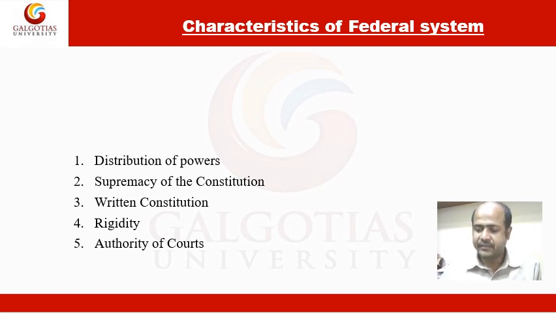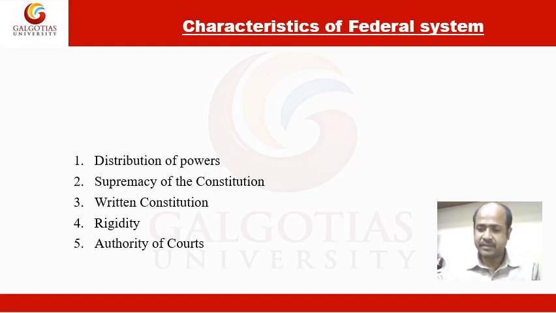If any dispute arises, or there is any ambiguity in a constitutional provision, the difficulties should be removed by the courts. So the court has authority over these governments and over the interpretation of the constitution.